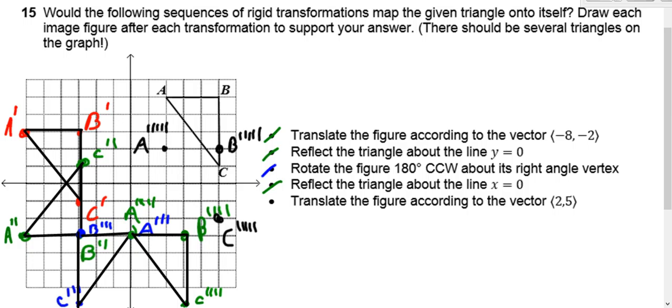And draw the triangle. So the question asked, did it map onto itself? Almost. It had to go 3 more units up than it would have. So it did not map onto itself though.